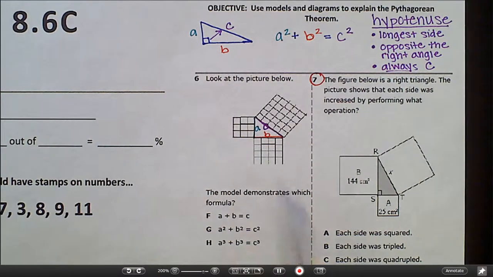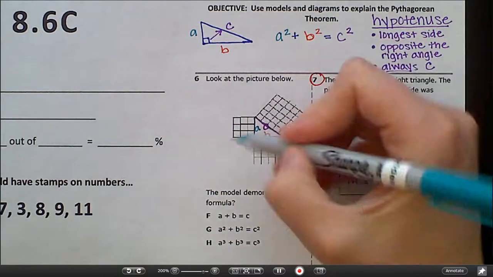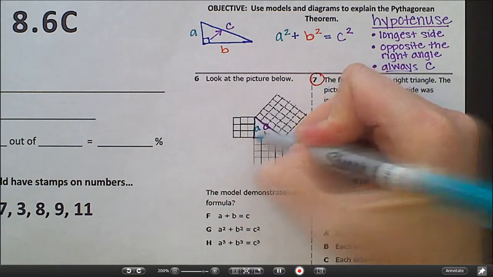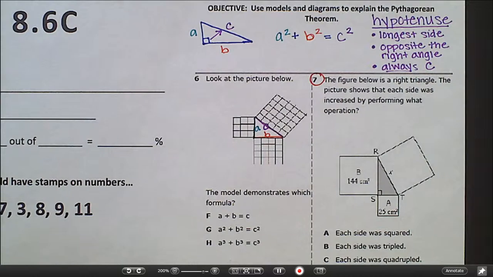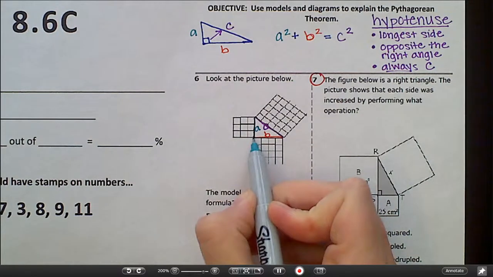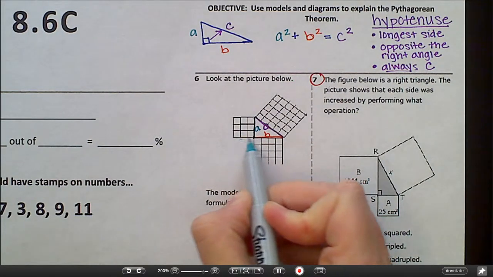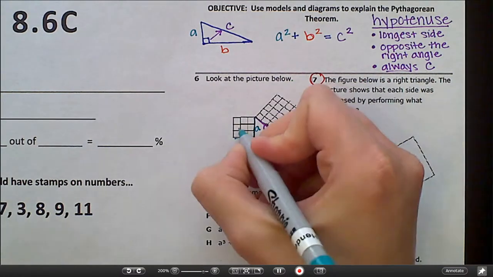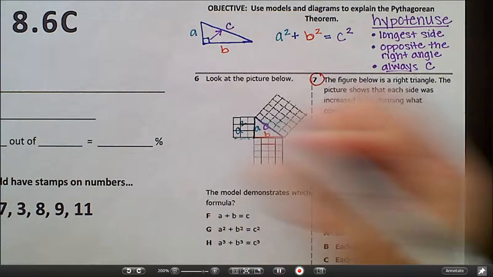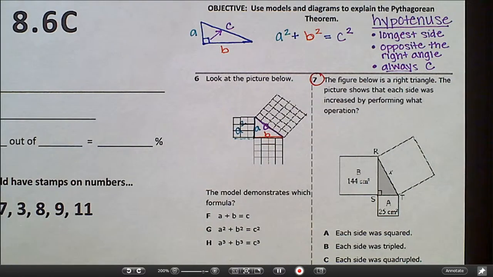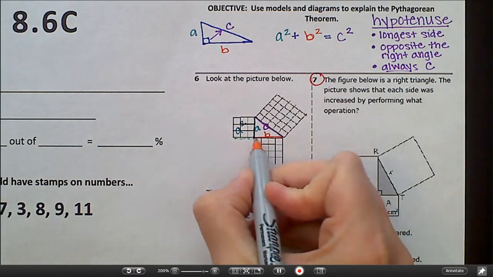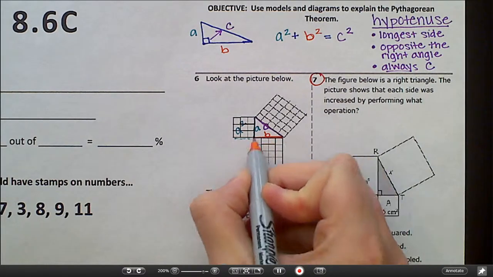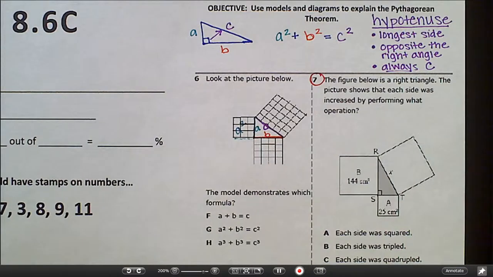So, A equals what? Well, it's 3 units long, so A is 3. Notice that if I make a square that's 3 by 3, then I get 9. So the square that it's making here is A squared. If we look at B, B is 4 because it's 1, 2, 3, 4 units long.